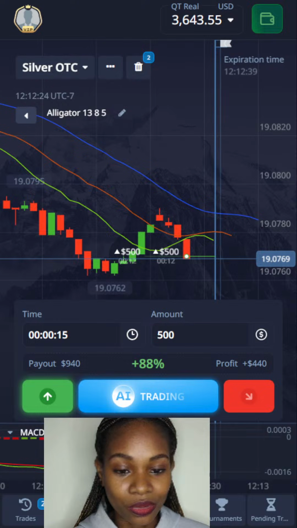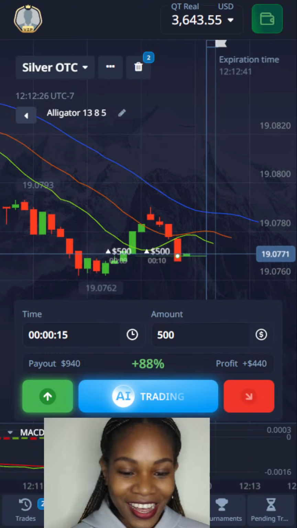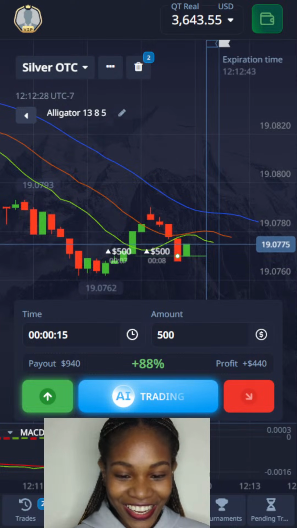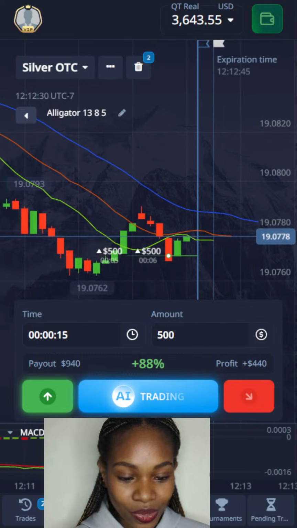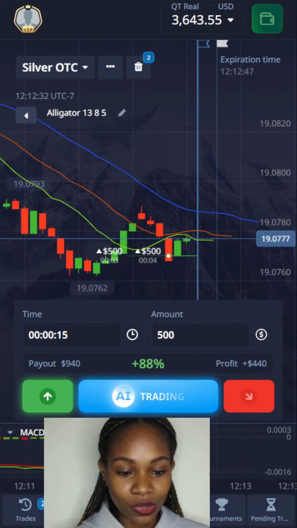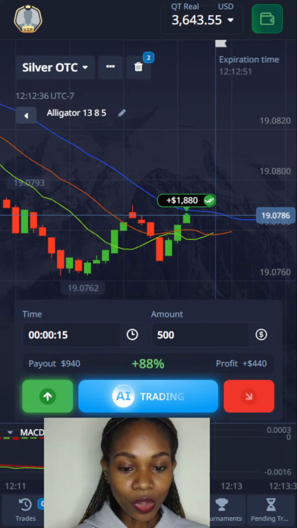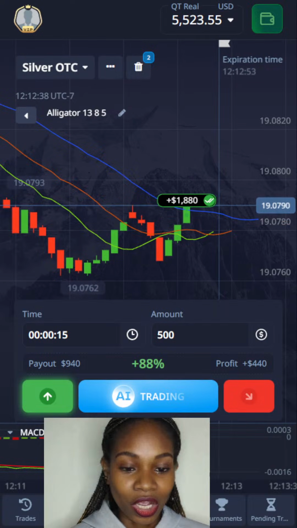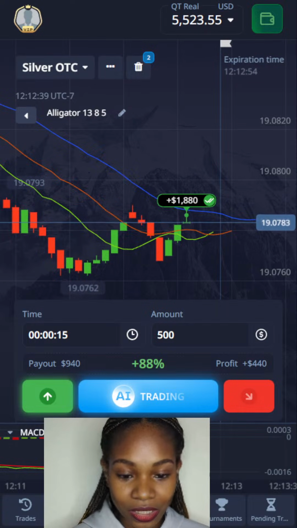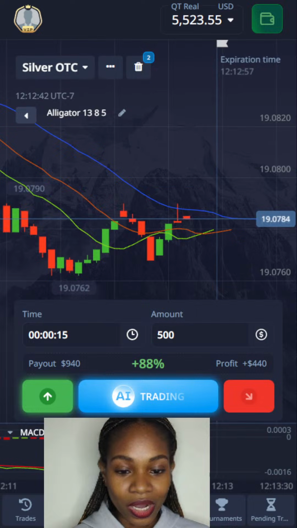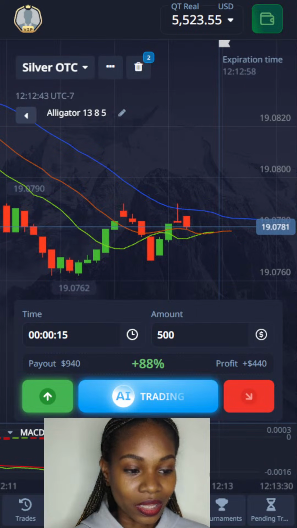So please, I went into the indicators because at the end of the day, I want us to know that this is the most important. Whenever we look at the chart, let us look at these indicators. Let us look at the candlestick patterns.